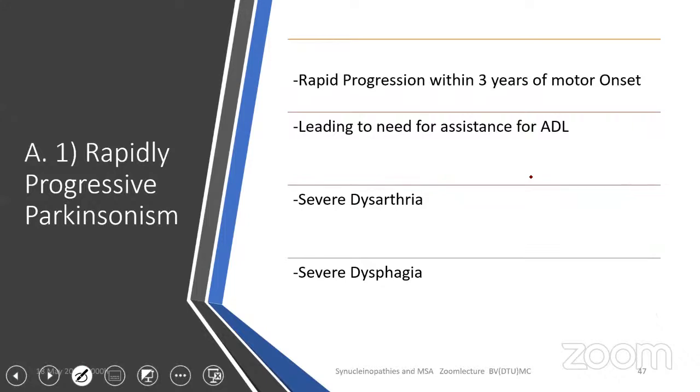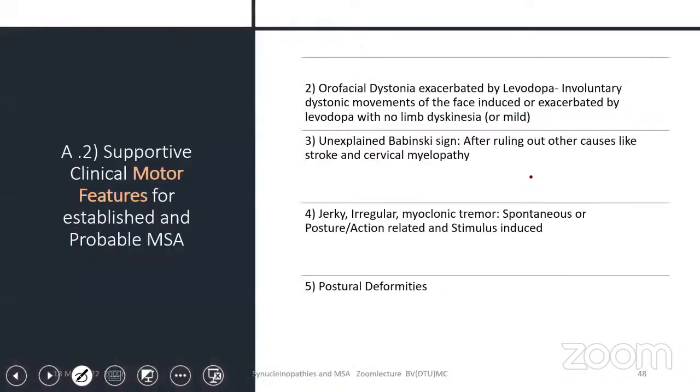That is within 3 years of motor onset, the progression should be very rapid, leading to a need for assistance for activities of daily living. The individual may have severe dysarthria, may have severe dysphagia. This is the definition of rapidly progressive Parkinsonism. And the other important issue is orofacial dystonias that are exacerbated by levodopa.